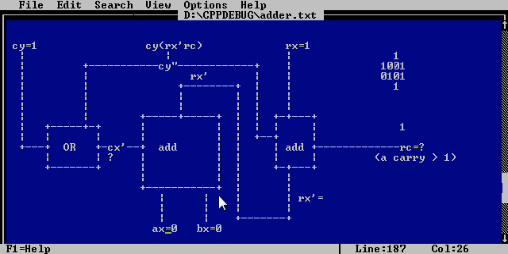Now, if one of these is 1, say if this was 1, what I expect to happen is that the result, that's this part, should come out 0, and there should be a carry. So let's see if that works. Here's an adder. There's no carry because it's just 1 plus 0. But there's an output of 1.